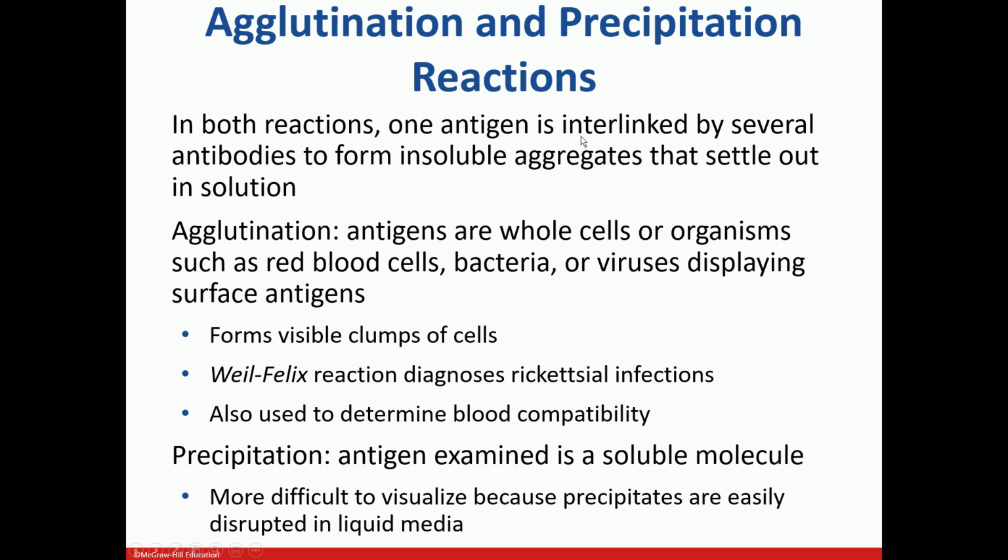There are two kinds of reactions by which we can see the interactions of antigens and antibodies, and those are called agglutination and precipitation reactions. In both reactions, one antigen is interlinked by several antibodies, as I showed you earlier.